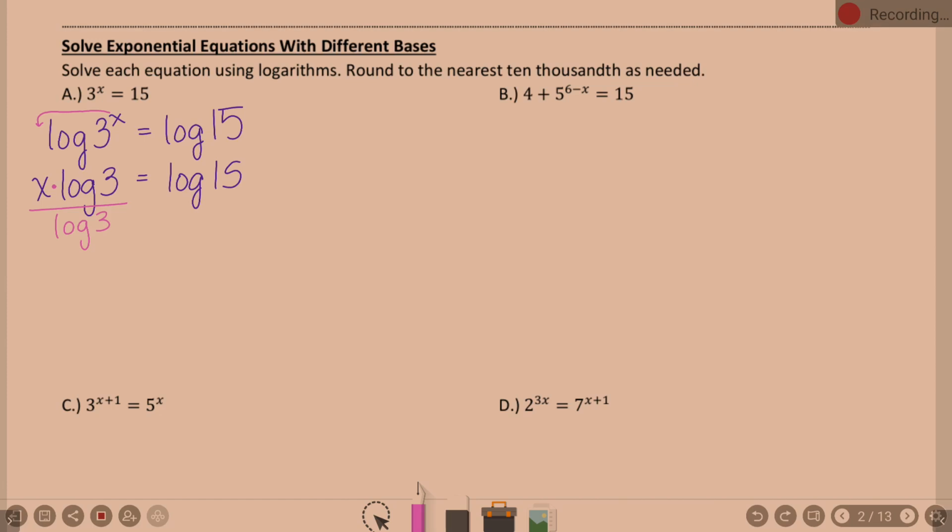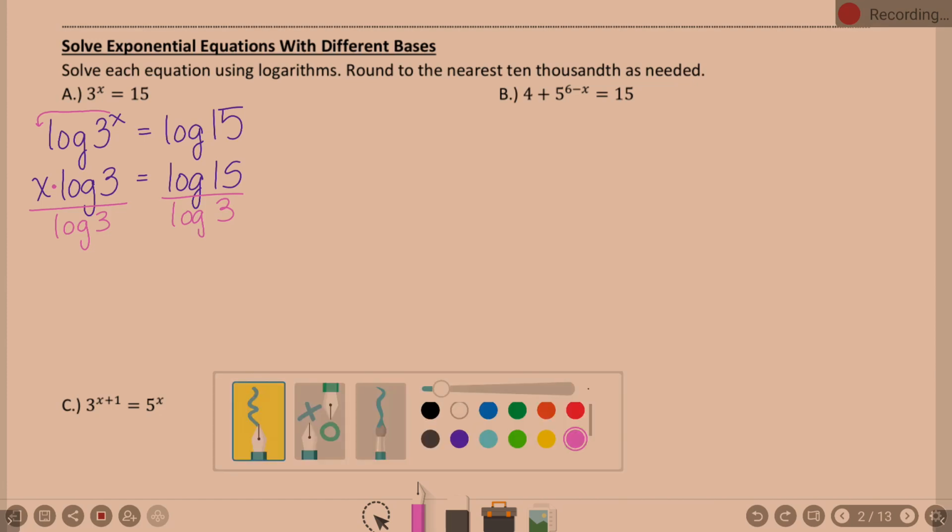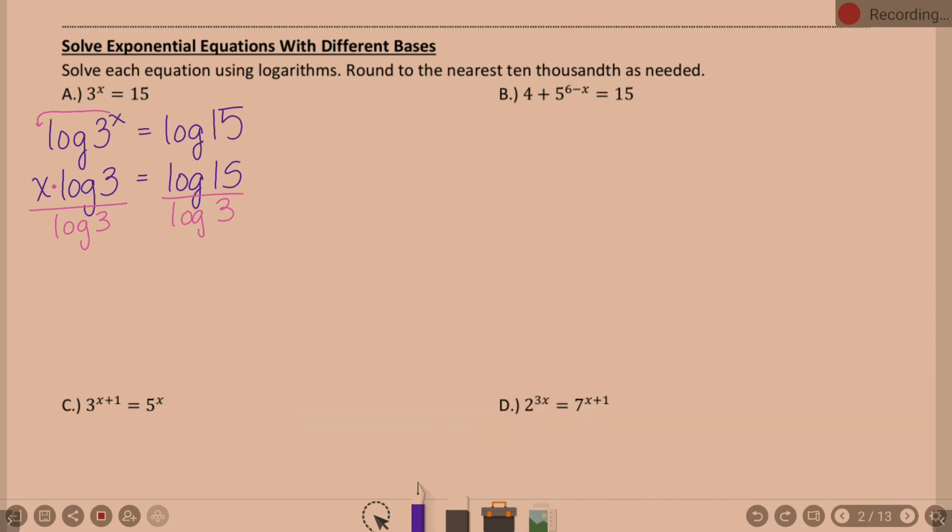If you divide the left by log of 3, you're going to divide the right by log of 3. Folks, grab your calculator and finish the problem off. In other words, you're putting into your calculator log of 15 divided by log of 3. Whatever that is, you're there.